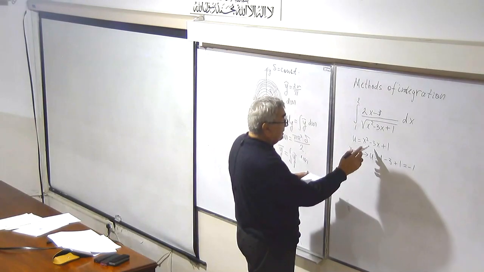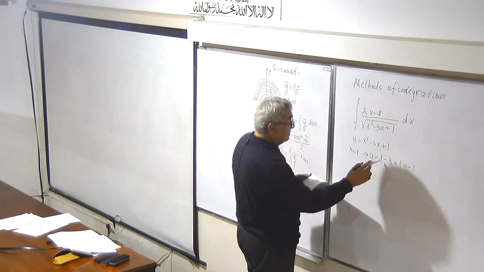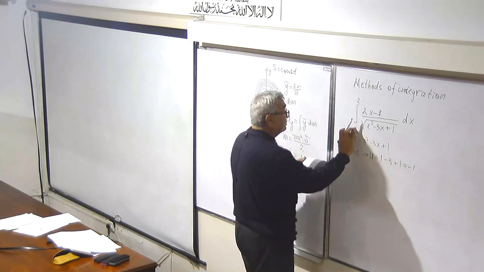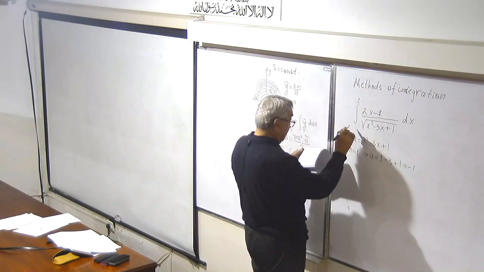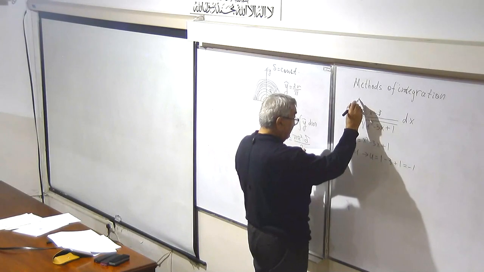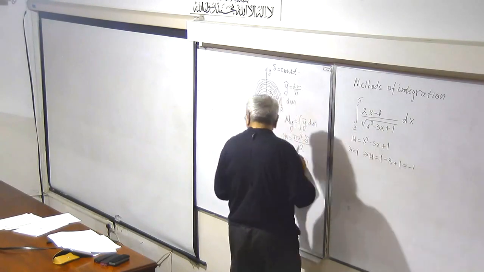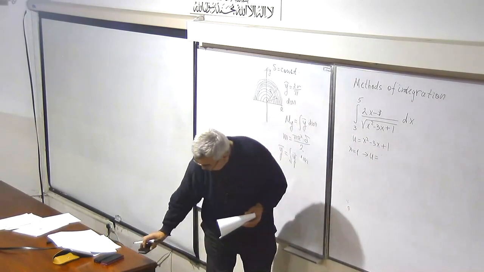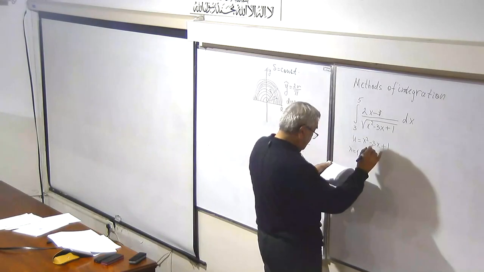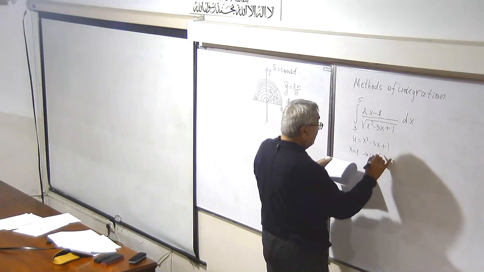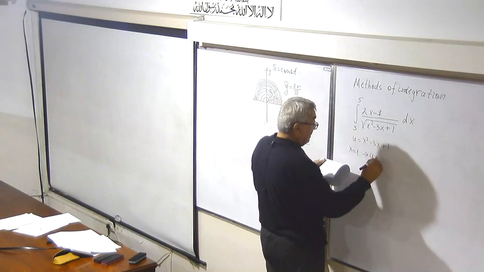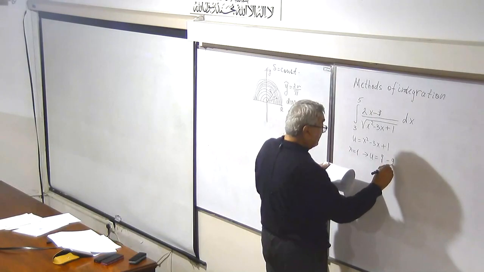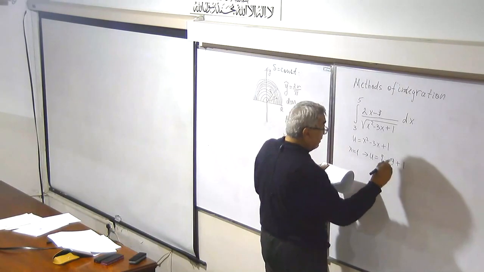Let me check again. Sorry, the integration is from 3 up to 5. So for x equal to 3, u should be equal to 9 minus 9 plus 1.